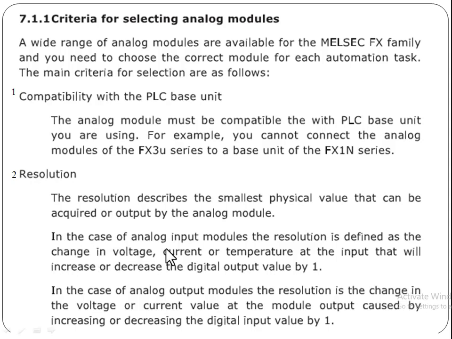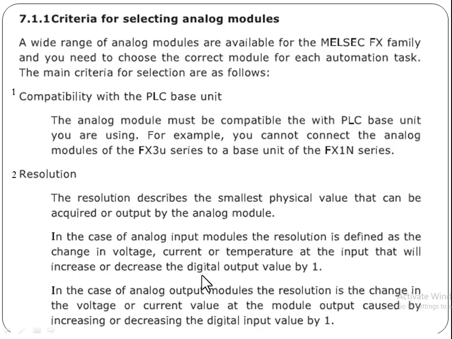In the case of an analog input module, resolution is defined as the change in the voltage, current or temperature at the input that will increase or decrease the digital output value by 1. It means the amount of change in the voltage, current or temperature at the input of the analog module that will generate a digital output of the value 1.